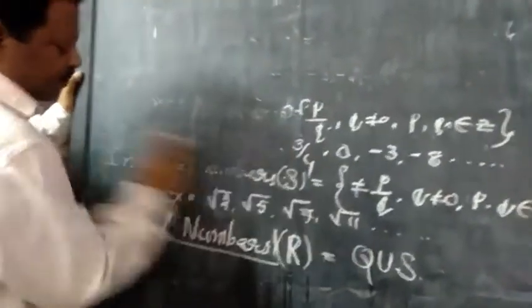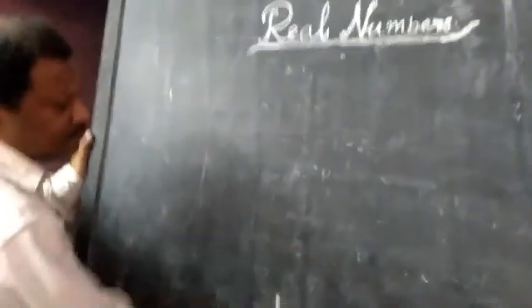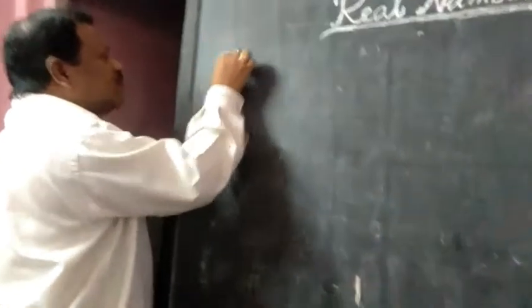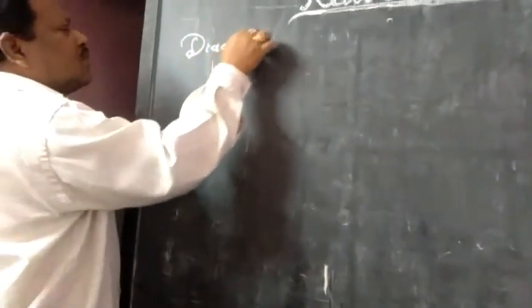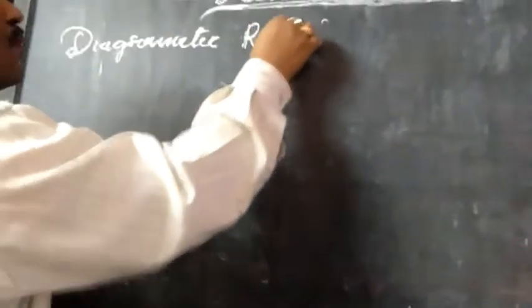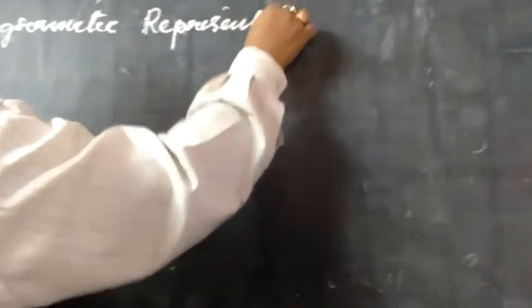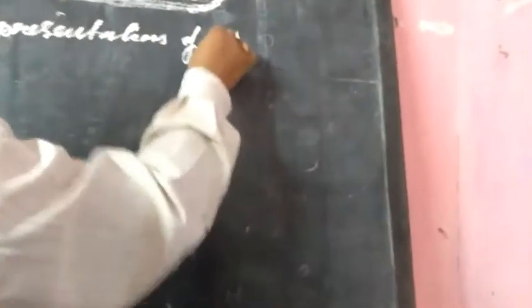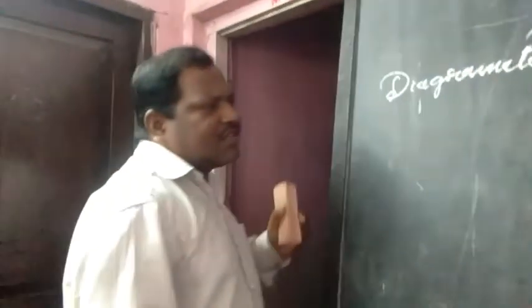Diagrammatic representation of the number system.